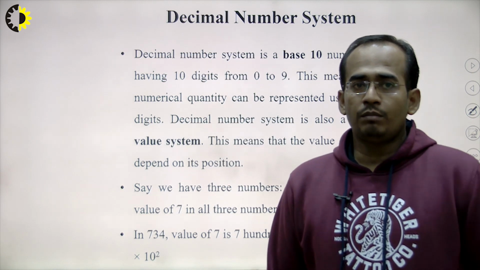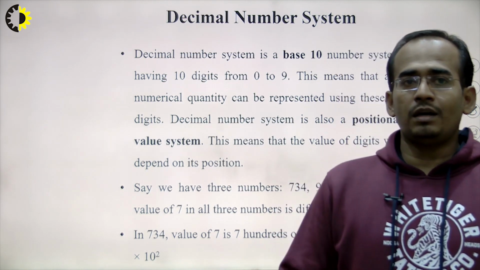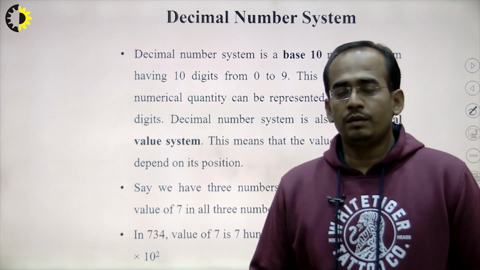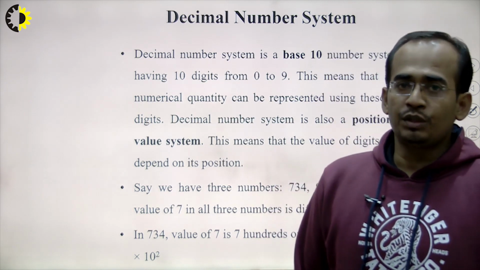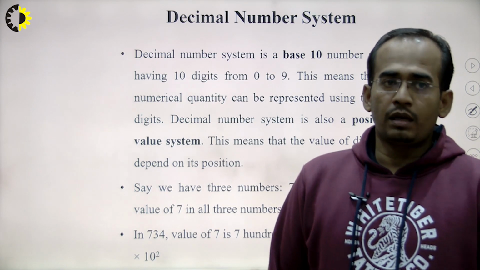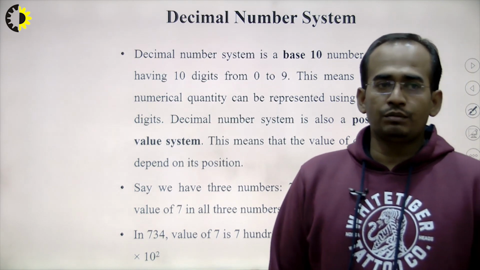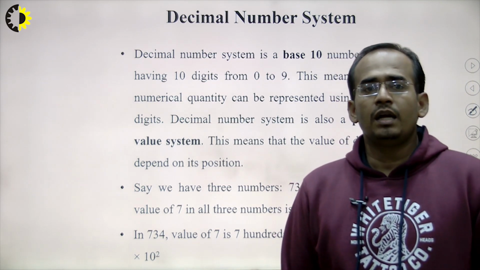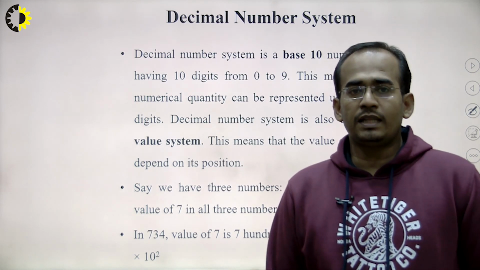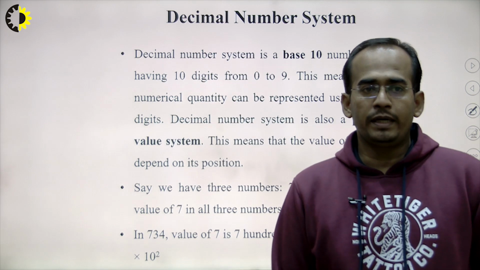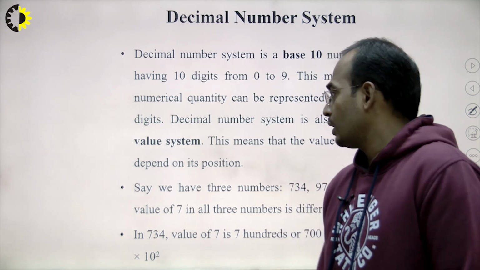This means that any numerical quantity can be represented using these 10 digits. The decimal number system is also known as a positional value system. This means that the value of a digit will depend on its position.